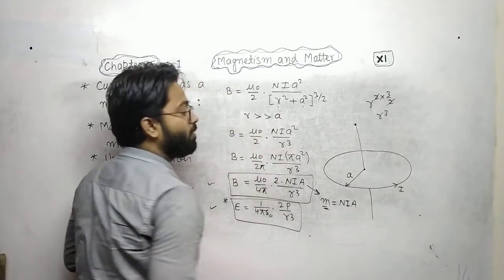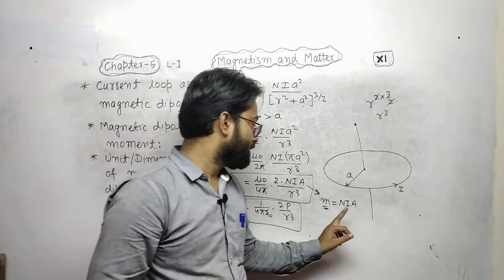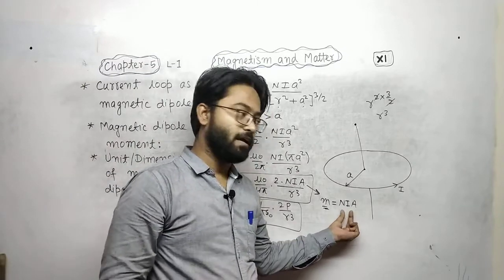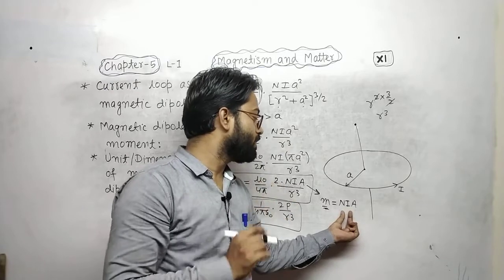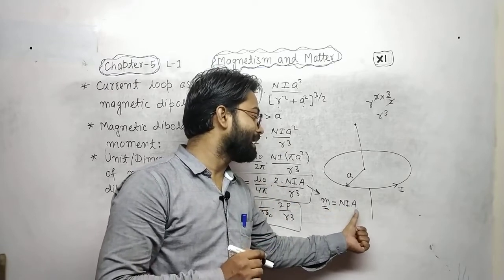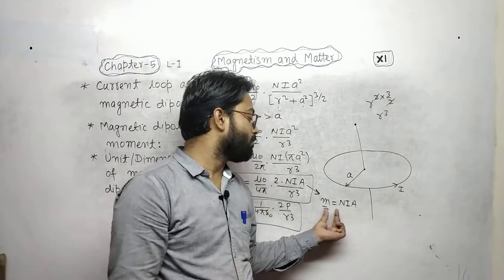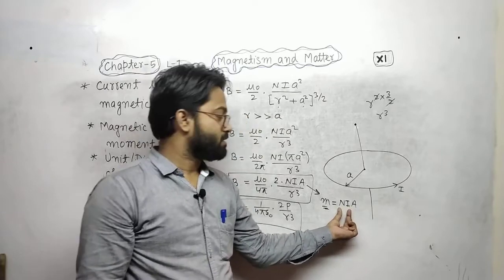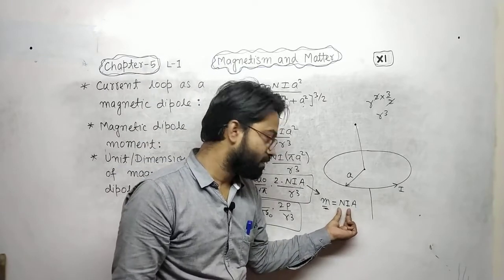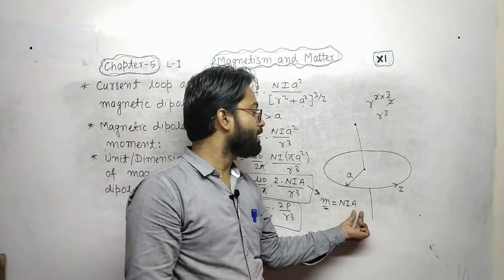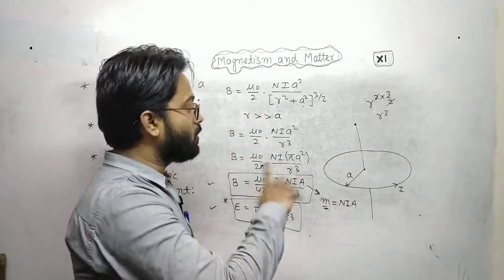Magnetic dipole moment is equal to the net current, where N is the number of turns times I. If the number of turns is 1, then m will become IA, meaning magnetic dipole moment is equal to the product of total current and area of that loop.